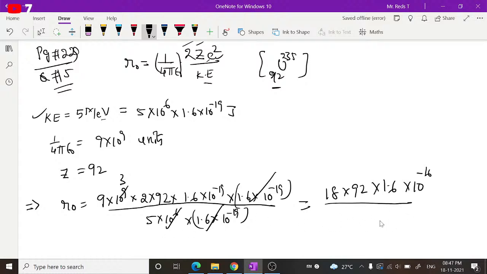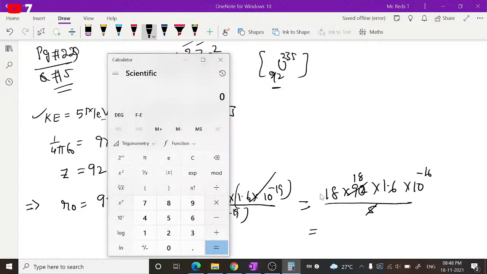If you simplify this, taking 92 approximately as 90 for simplification purposes, how many times does 5 go into 18? 5 ones, then 5 8 40, so 18. 18 into 18, 18 square into 1.6, something like that you can write. You can do it directly also, no problem.